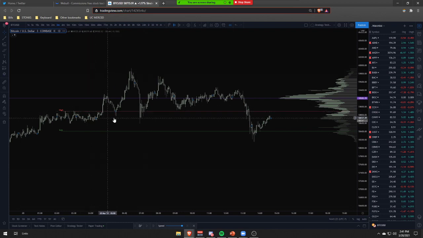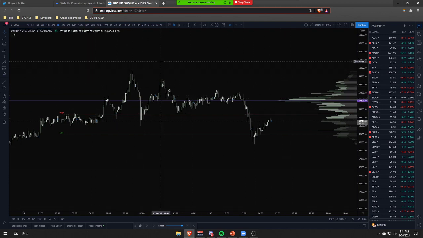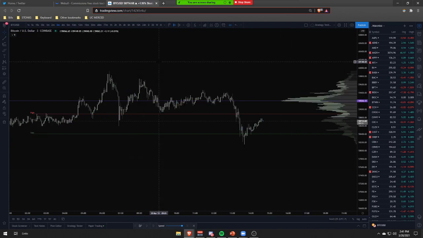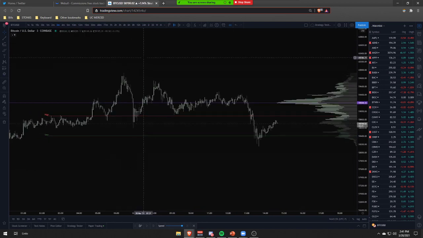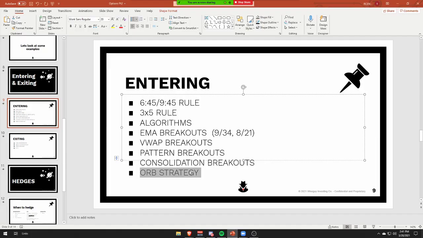Then run it out, start scaling out once it starts hitting your PTs, and make sure you don't ride it back down. Set a stop loss, set a trailing stop loss, do what you need to do to secure a green. But that is the ORB. ORB's pretty straightforward. So that's the ORB strategy, and the 3x5 and the 645 will all combine in one.